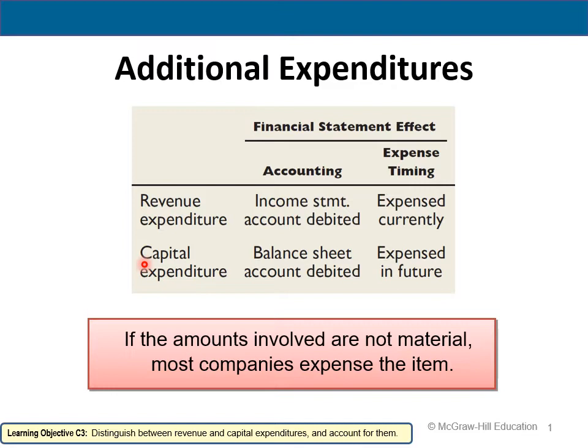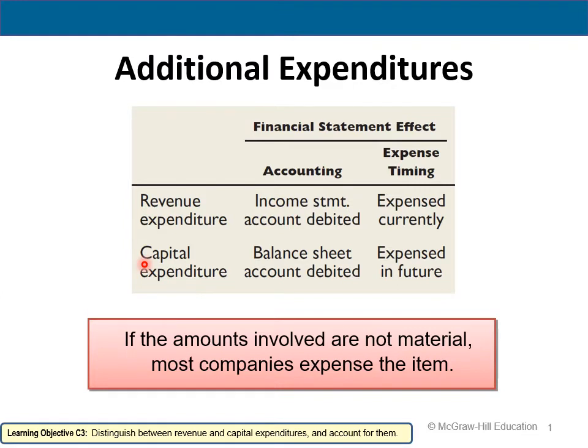Capital expenditures are things that extend an asset's useful life, or add functionality. So again, keeping with the vehicle as an example, engine overhauls are capital expenditures. New transmissions, right? Or if you've got a truck, putting a lift on the back of it is a capital expenditure. It adds new functionality, right?